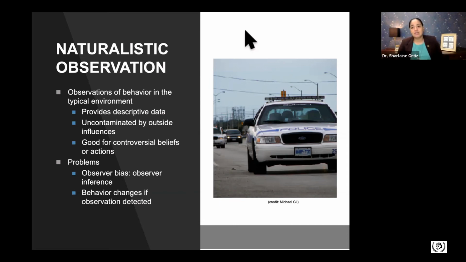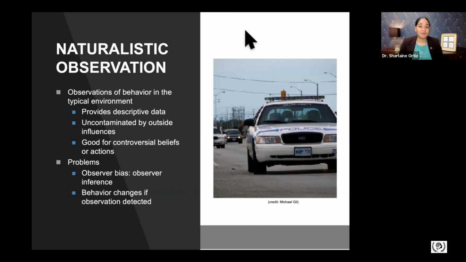Another benefit of a naturalistic observation is that it allows us to observe events without any contamination, as your presentation describes. We're trying to look at this without the influence of other things. So for example, if I wanted to know what 5-year-olds behave like, maybe they would behave differently if they were with their parents.